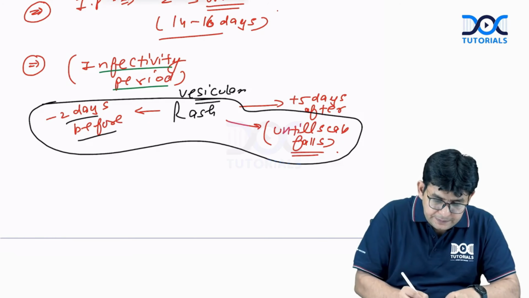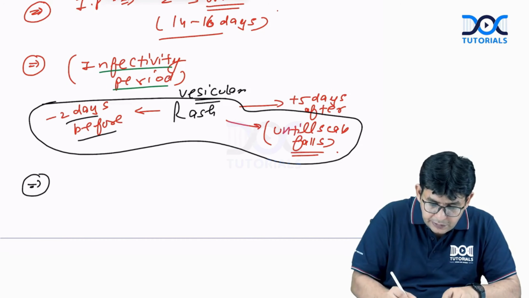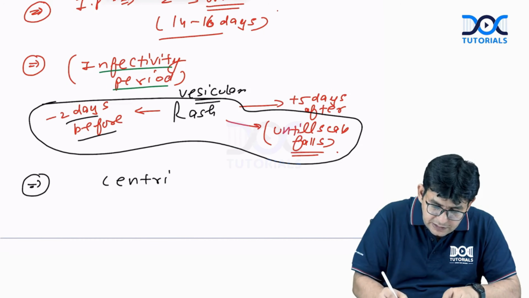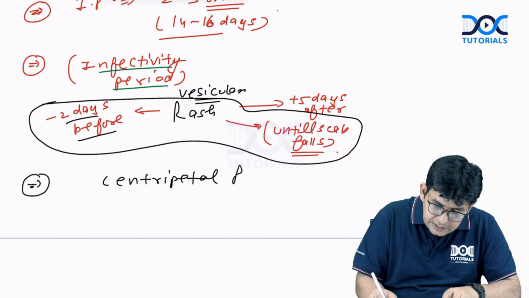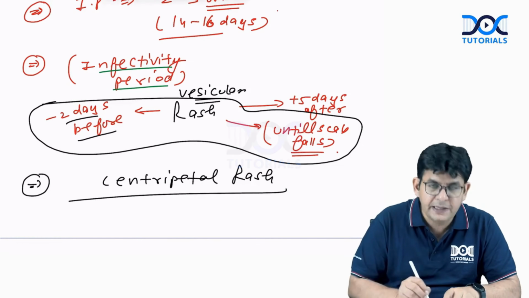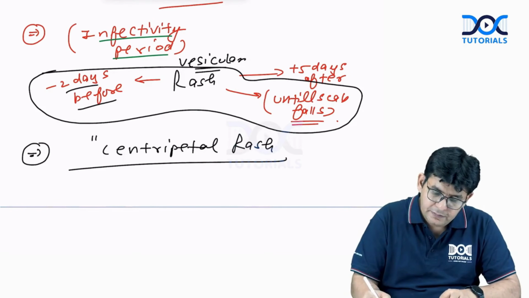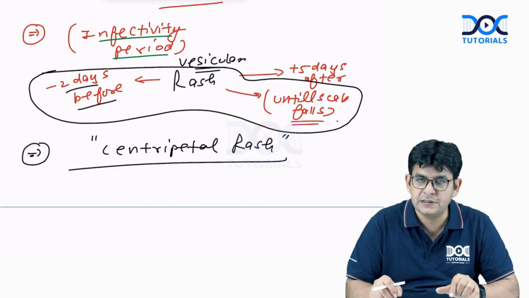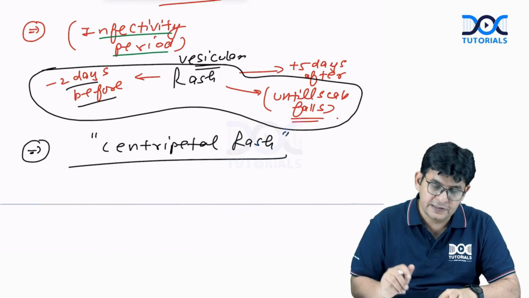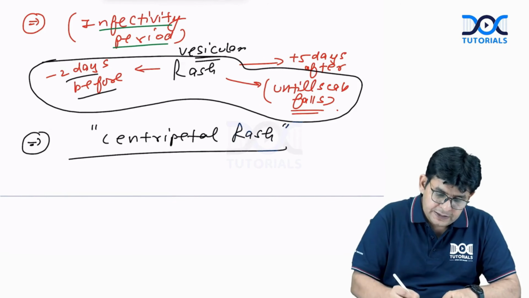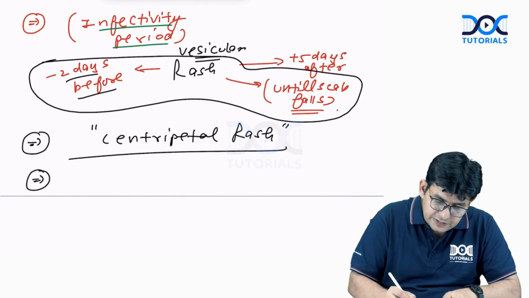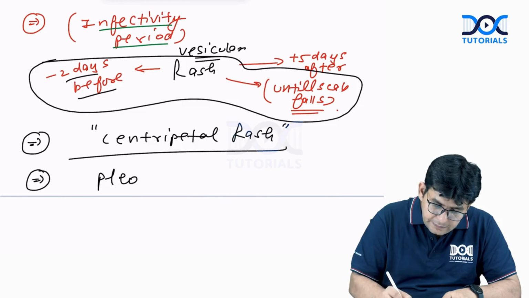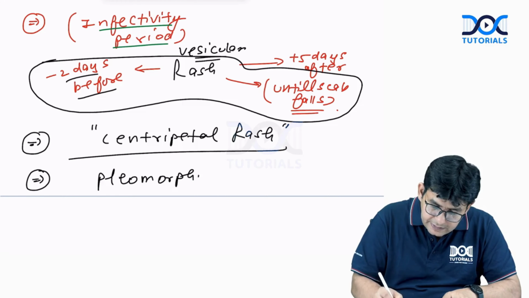Other than that, if I ask which type of pattern of rash is observed here, the answer is centripetal rash, meaning mostly on the trunk, and less in the distal parts. This rash is termed pleomorphic rash.